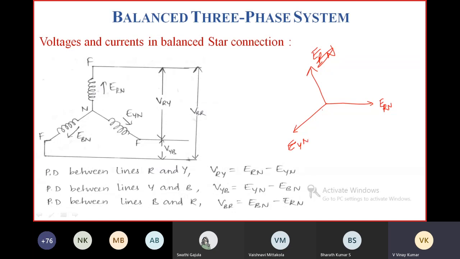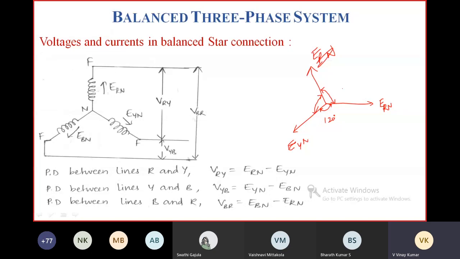All are equal in magnitude but displaced by an angle of 120 degrees from each other. This voltage lags this voltage by an angle of 120 degrees, and again the angle between these two would be 120 degrees.